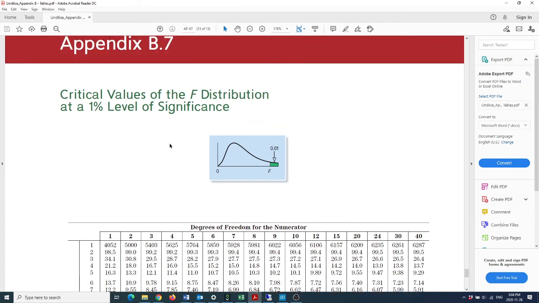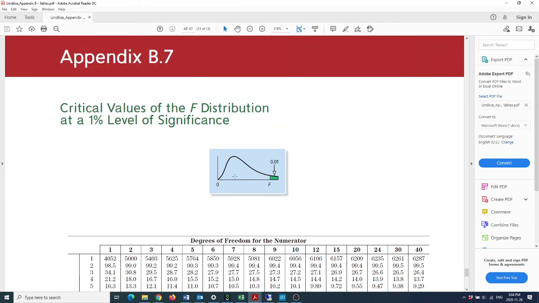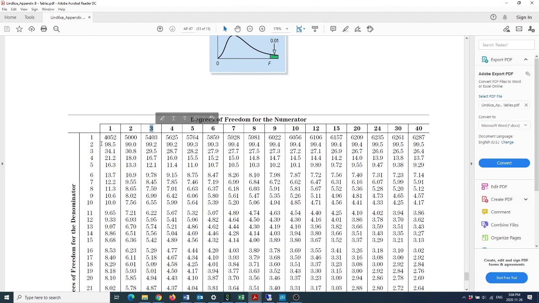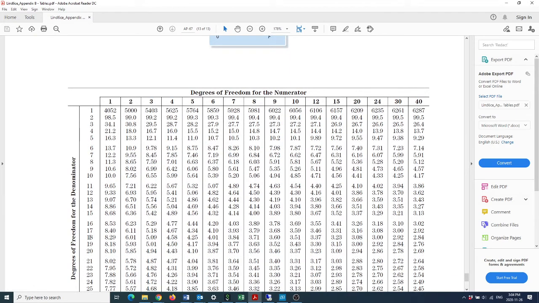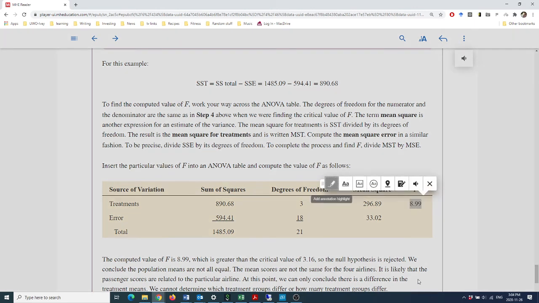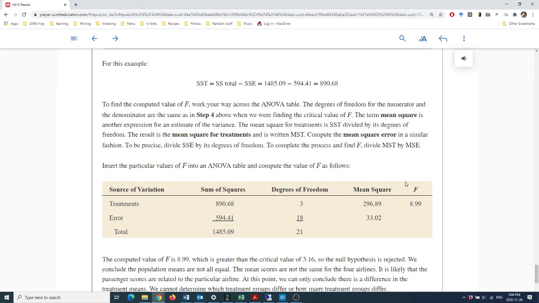So this is your table, appendix B7, and this gives you the critical values of your F distribution. The numerator has 3 degrees of freedom here, and the denominator has 18 degrees of freedom over here. And so that would give you a critical value of 5.09. So 5.09 is your critical F value in some sense. And here your value is 8.99.